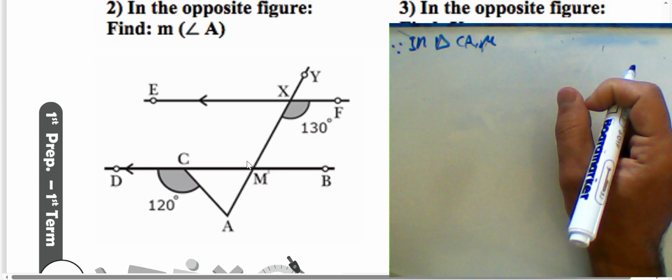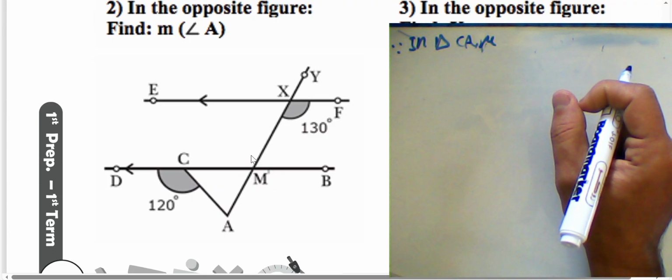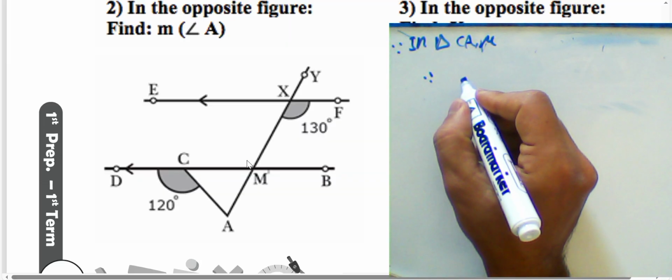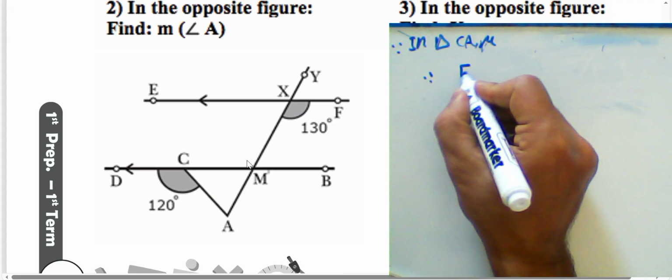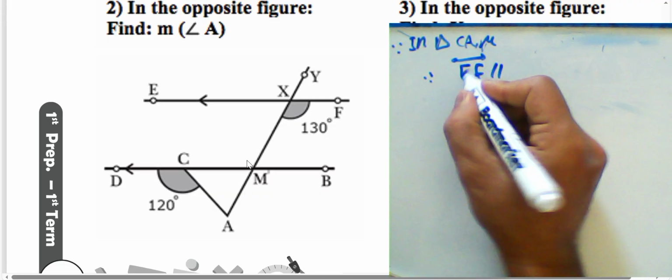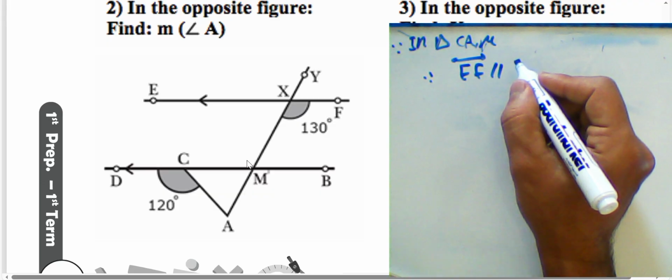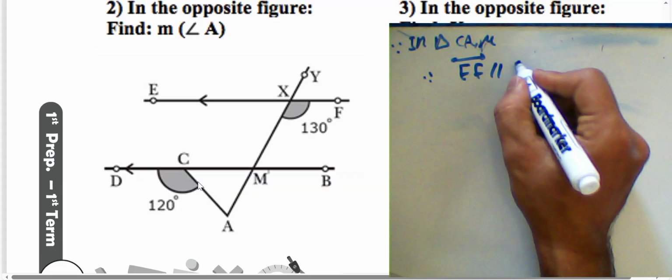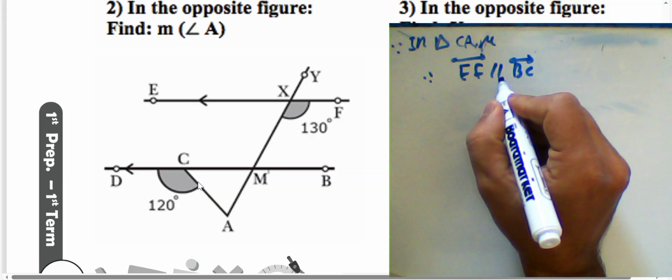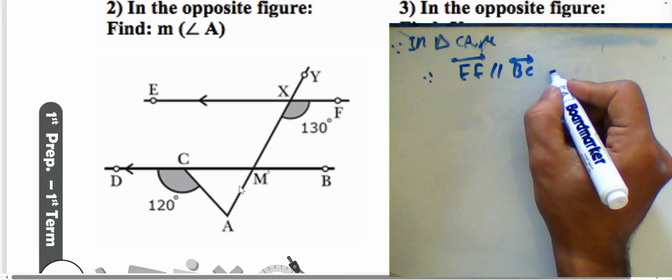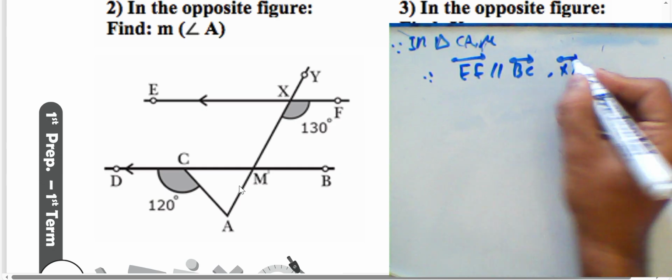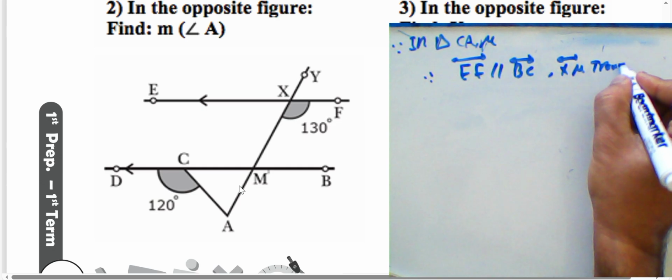Then first step, we can find the measure of angle CMX here by alternating angles, such that we can write EF was parallel to straight line PC, and straight line XM is a transversal of them.